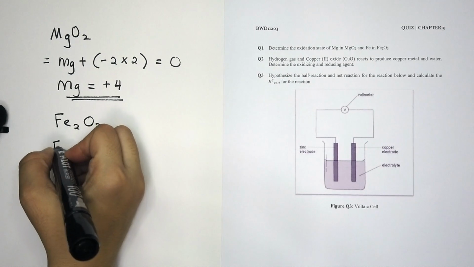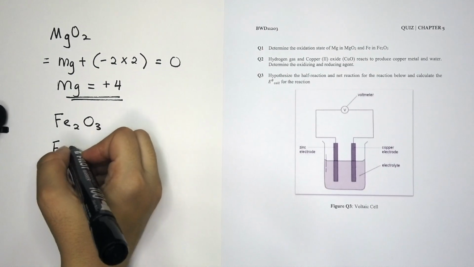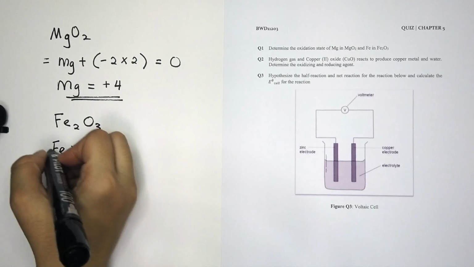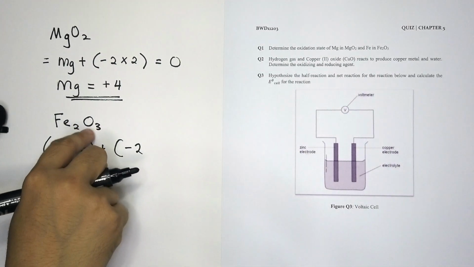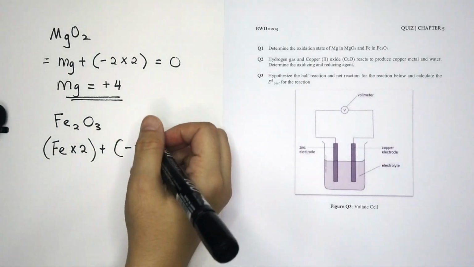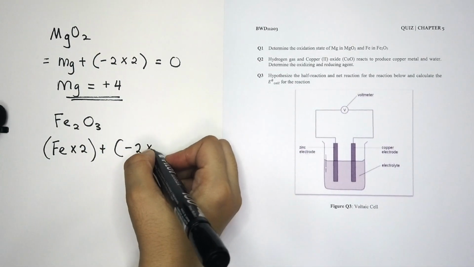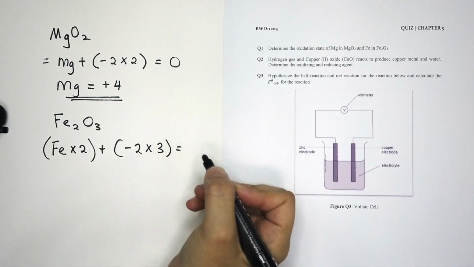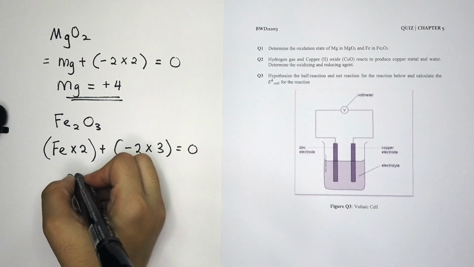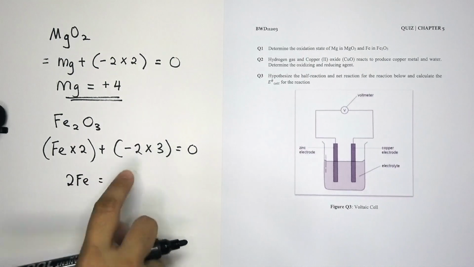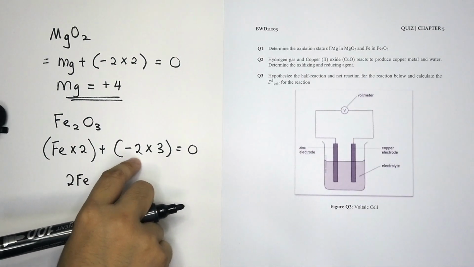So you have 2 Fe, times 2, plus -2, the oxidation state for oxygen, because you have 3 oxygen here, times 3, equivalent to 0 because there's no charge. So 2 Fe is equivalent to 3 times 2, equivalent to 6.